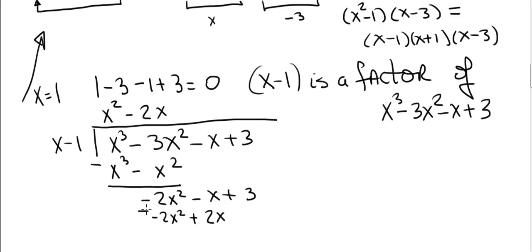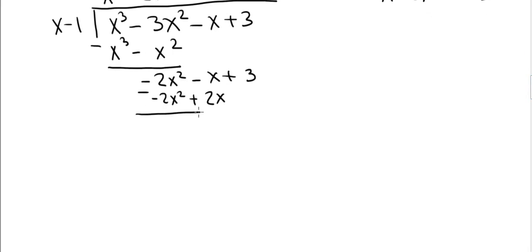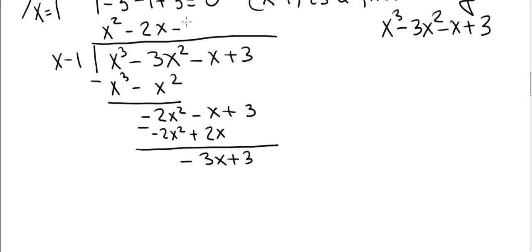Again, subtract. The x² terms cancel, and we have −x − 2x. That's −3x. So this is −3x + 3, and all we're going to need is −3. So −3 times (x − 1) is −3x + 3, and then subtract. We see the remainder is 0.